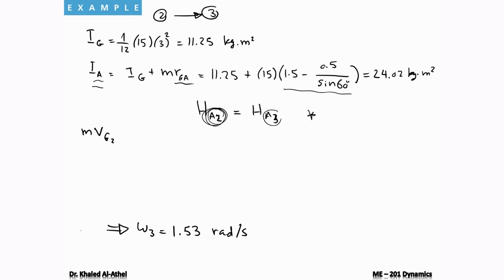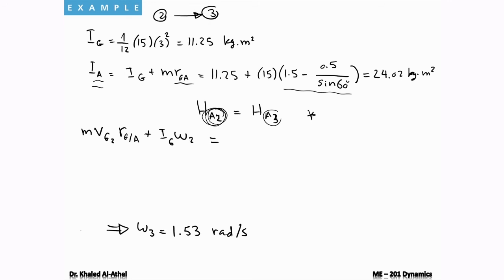Force multiplied by perpendicular distance will give you a moment. Linear momentum multiplied by perpendicular distance will give you angular momentum. So it's mvg, and then to make it angular momentum, the distance between G and A. And I have rotation there, so it's going to be I G omega 2.